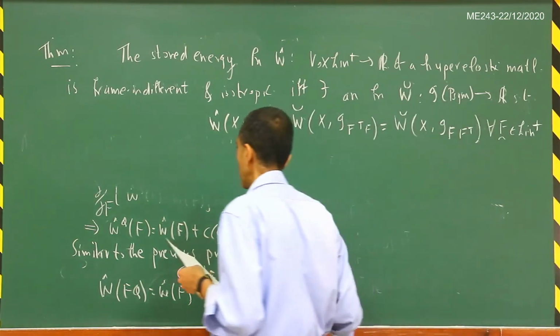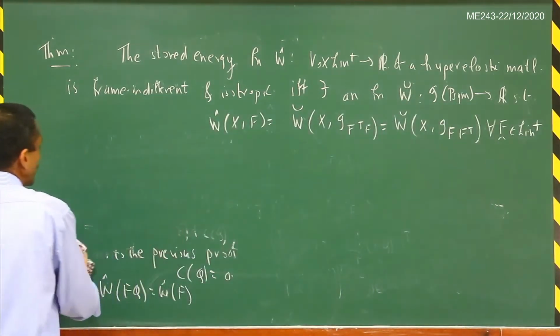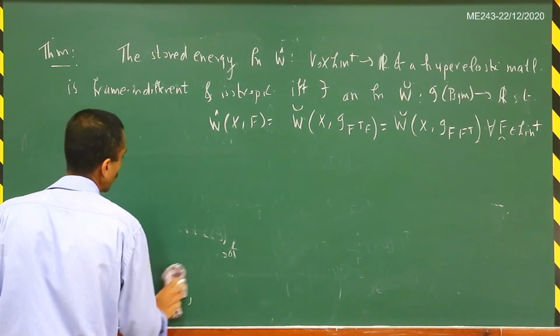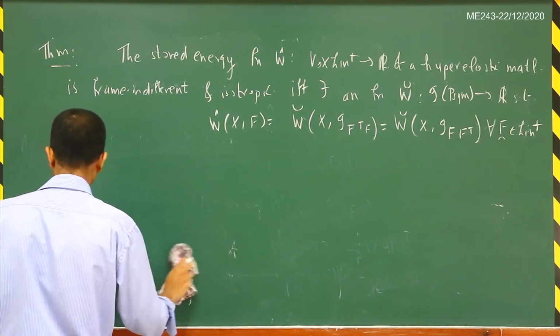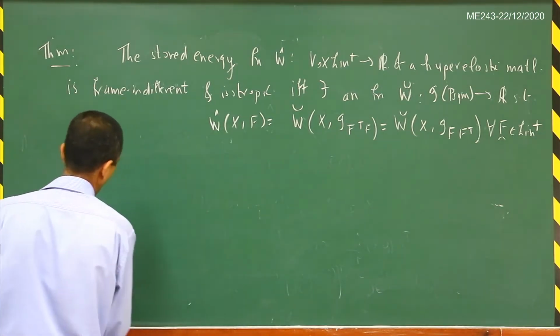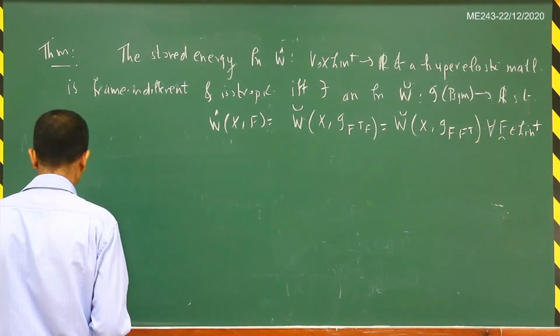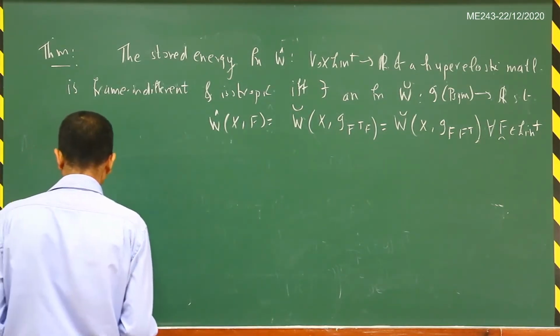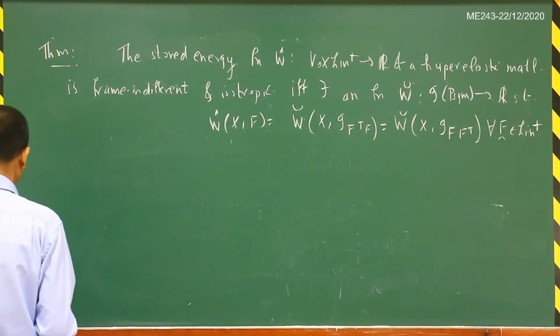So that is the theorem. So let's try to show this result now. As I said, we just need to combine the two notions of isotropy and frame indifference here. Fine, so let us prove this.